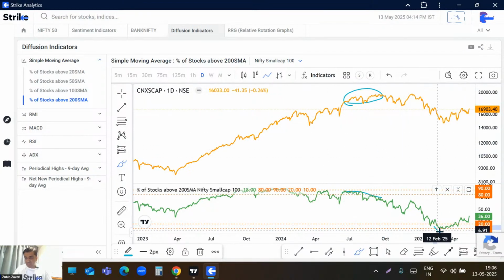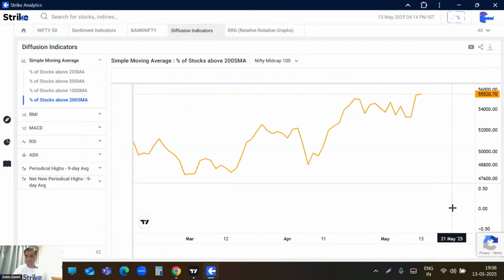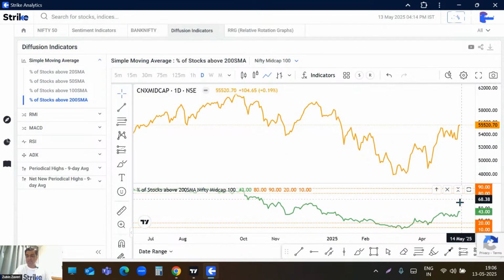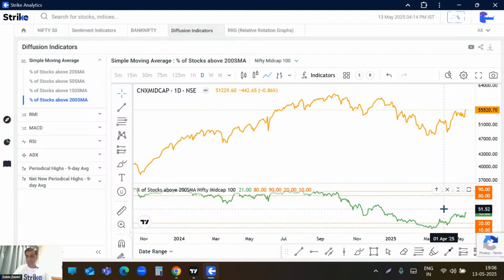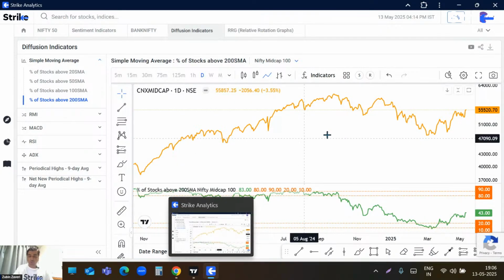But when it is at its oversold and it has started rising, this is a good time to start investing in small cap stocks, as well as the mid cap index, which is in a similar looking position. Okay, so sentiment and diffusion indicators really give you a nice idea about what the market can do.